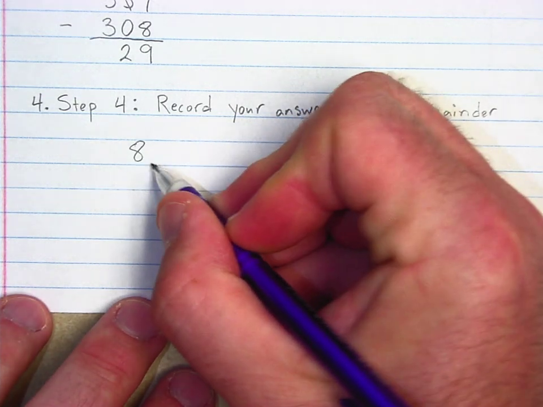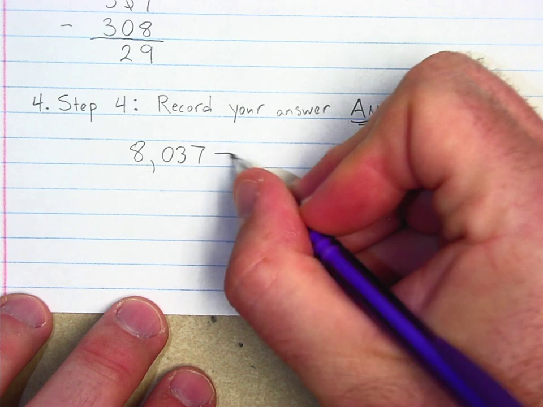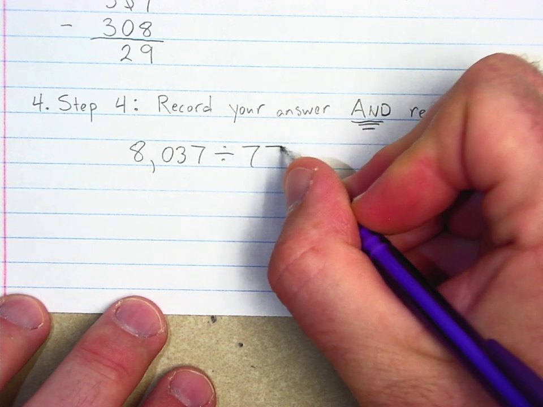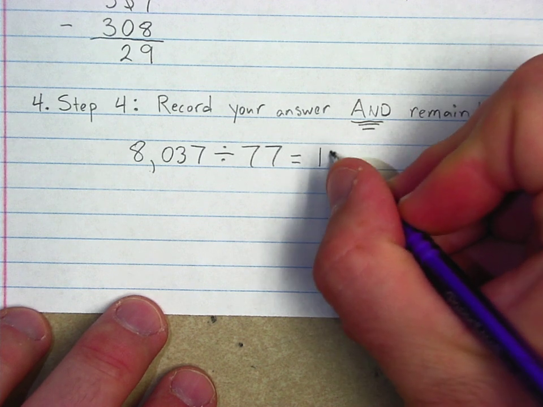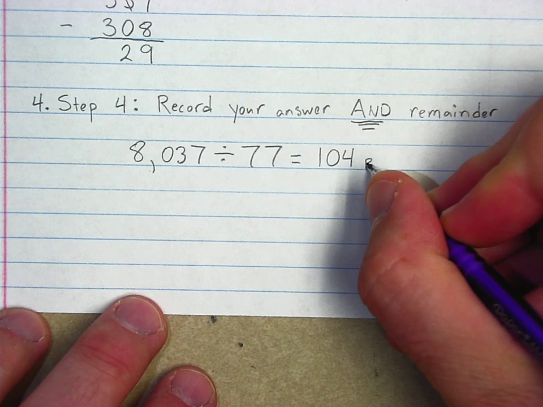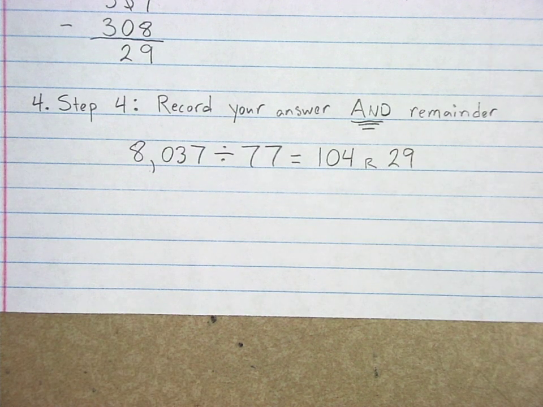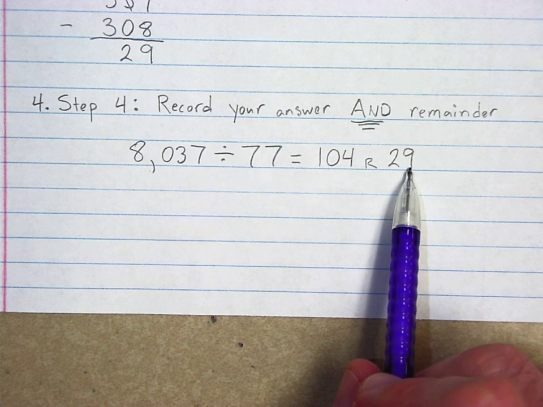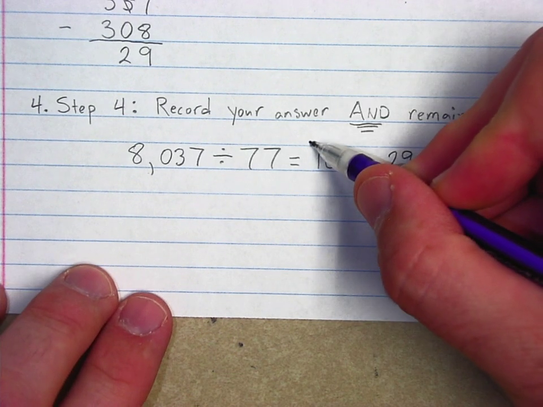So the original problem, 8,037 divided by 77 is equal to 104 remainder 29. Seems like a big remainder, but it is smaller than the divisor, so that's okay.